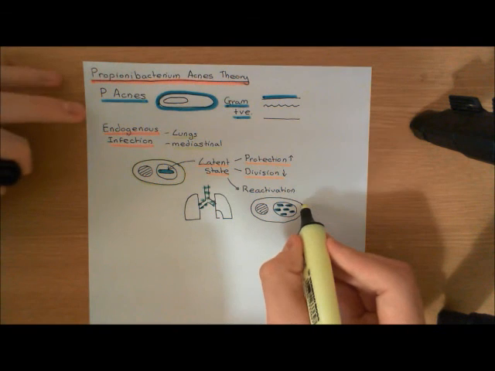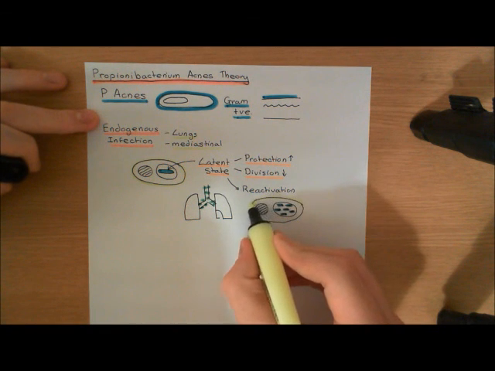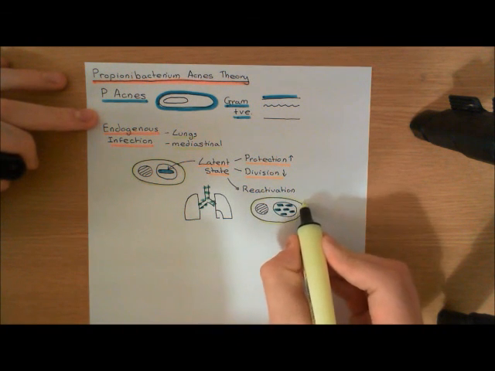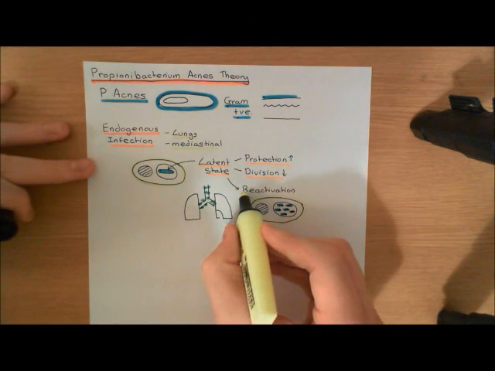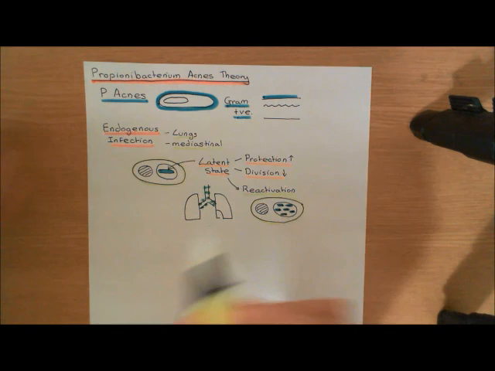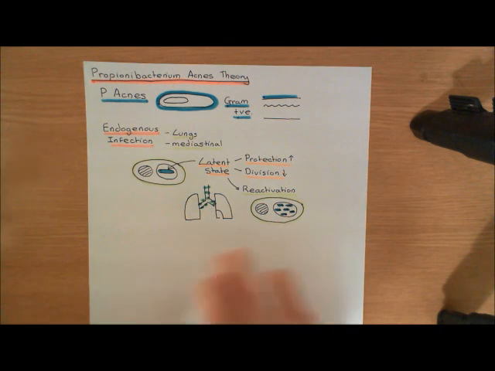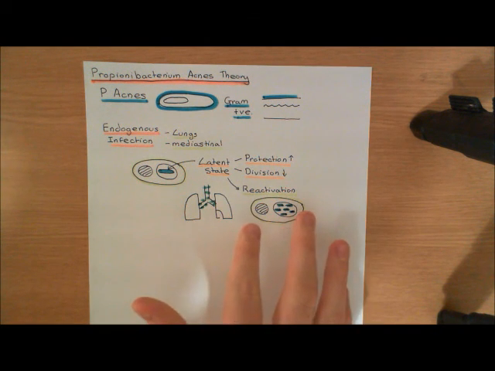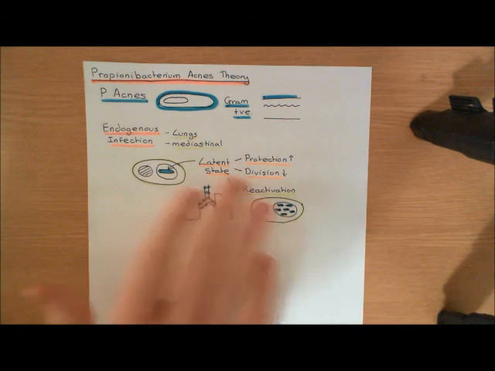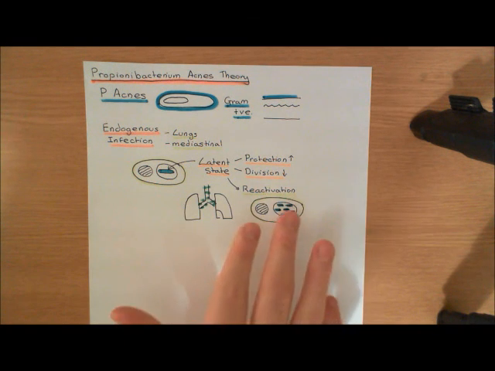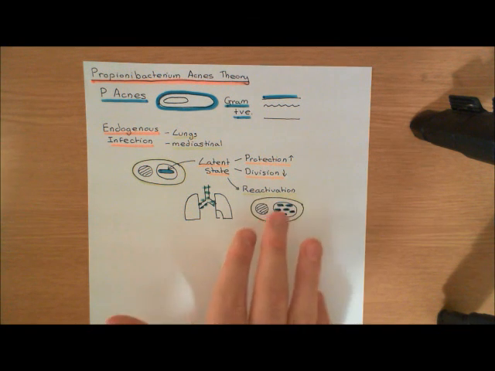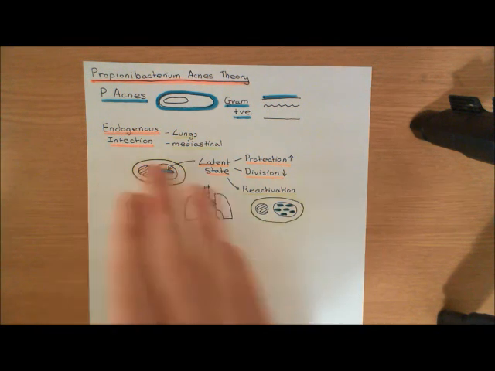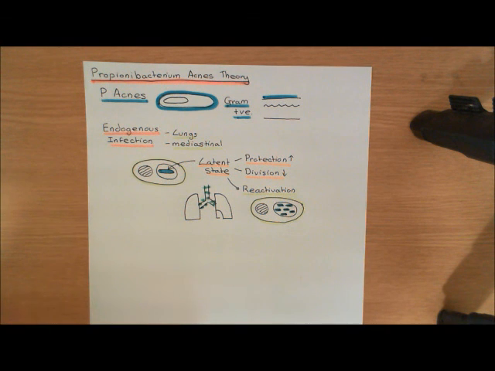We've now got our macrophage, again coloured in yellow, now with lots of Propionibacterium acnes cells in the phagosome. Reactivation can occur, and it's not really explained in the theory what happens after that, but maybe the Propionibacterium acnes cells can actually burst the phagocyte open and then spread to other macrophages.